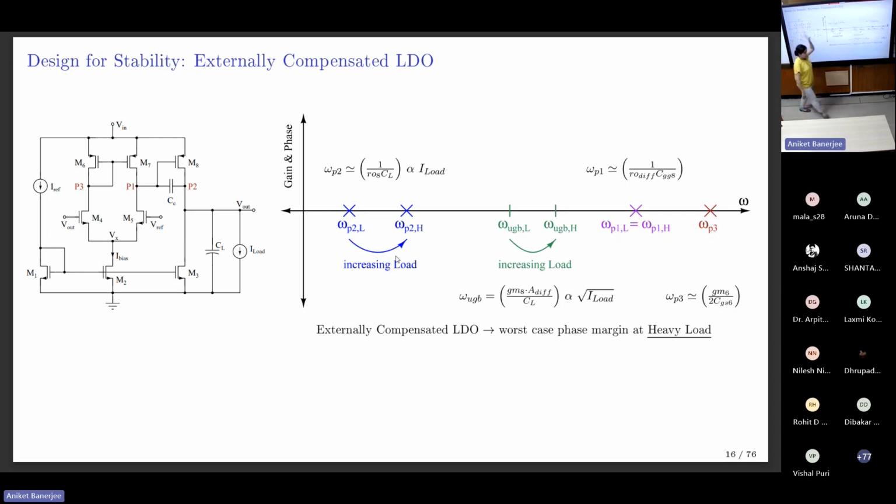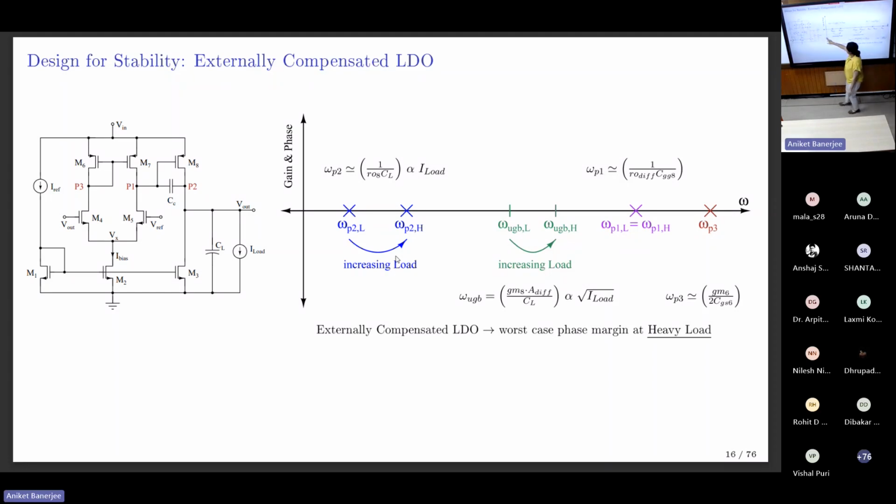So once I understand this, I can in my mind think that the LDO will be having two dominant poles: output pole and input pole, or internal pole and external pole. So internally compensated and externally compensated, the two broad cases that we got. The first one is externally compensated, which is the case where I have an off-chip cap available to me, so I can put a giant cap at the output and make it dominant.